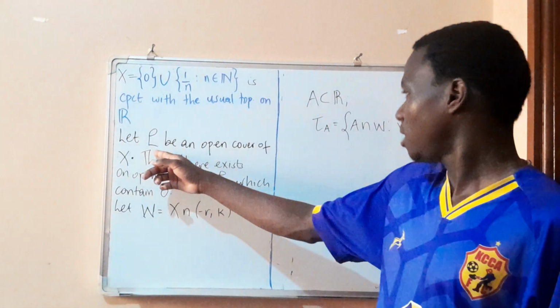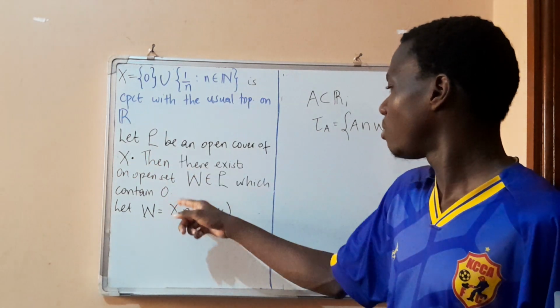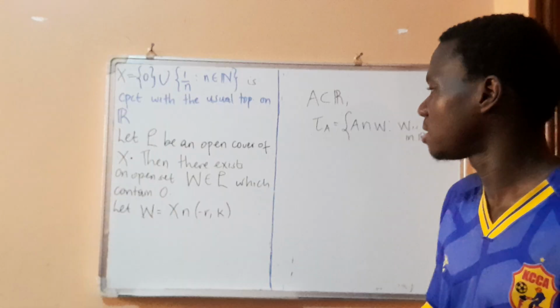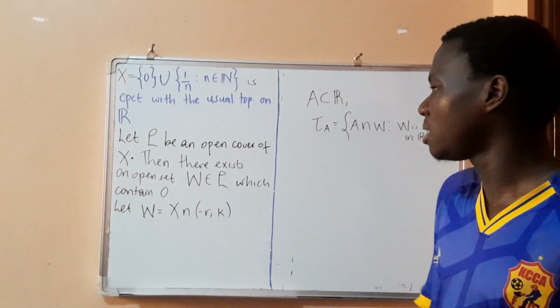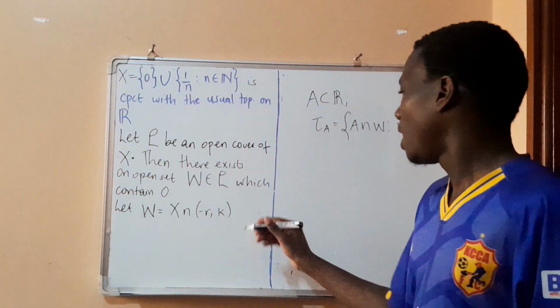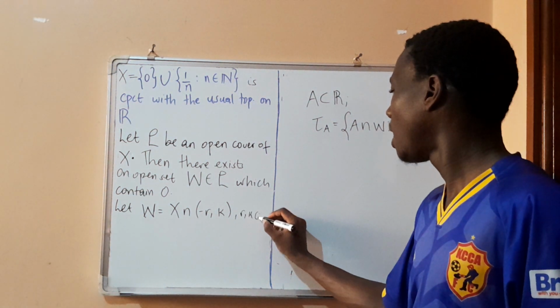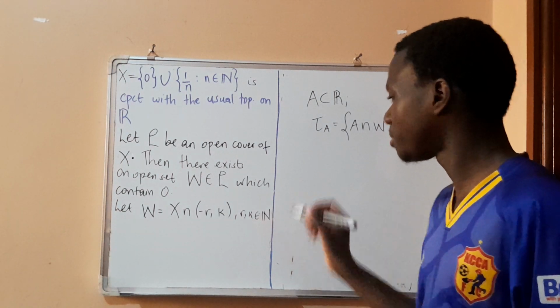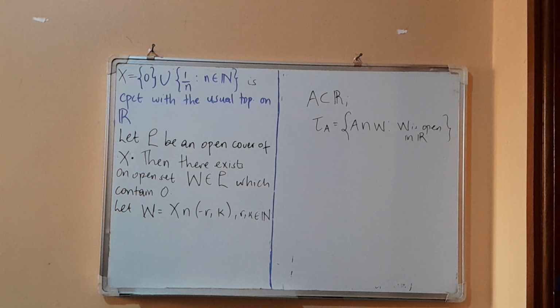So if this is a subcover of X, it consists of sets of this nature. Yes, so there exists an open set W which contains the 0 element. That set looks like this, where R and K are natural numbers. So that is our W.